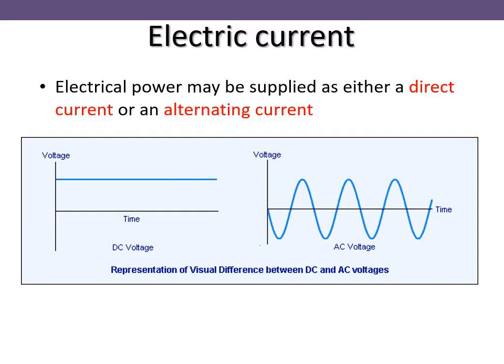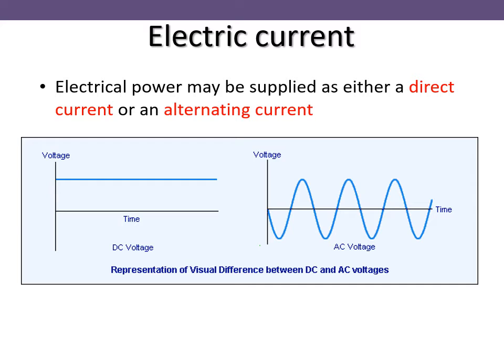So we can look at electric current flowing in two different ways. We can have direct current, which is current that only flows in one direction through an electric circuit, or we can have alternating current, or AC, where the current flows in one direction and then flows in the opposite direction, alternating at a certain frequency through the circuit.